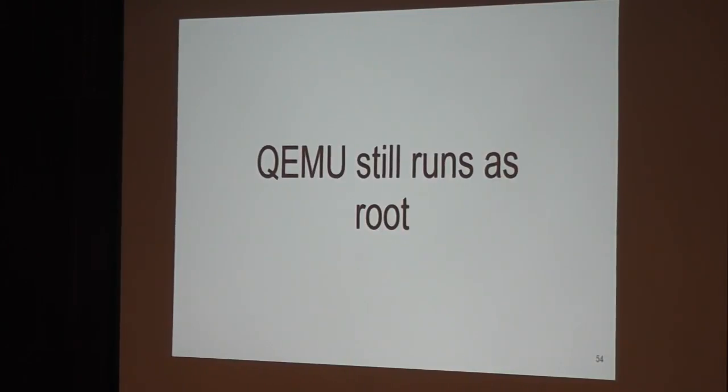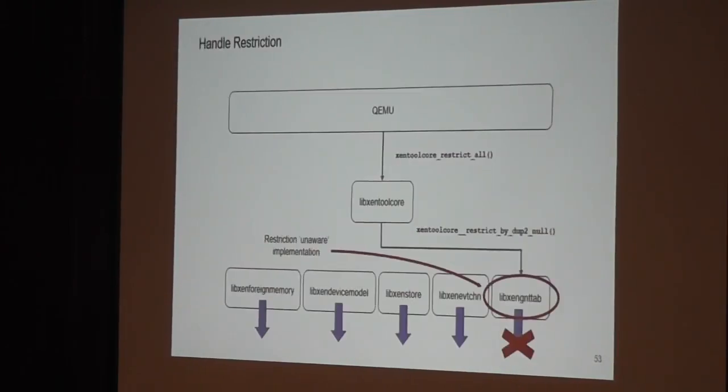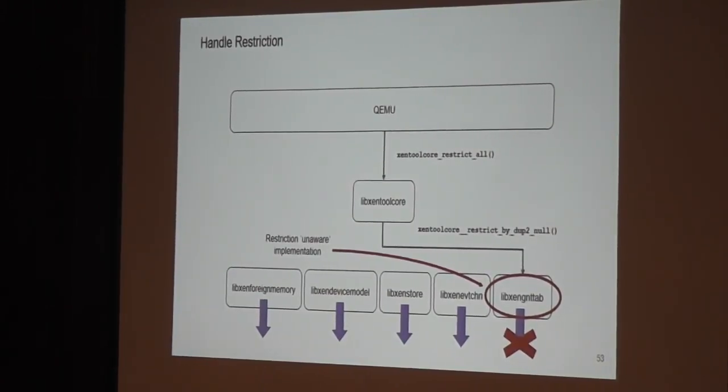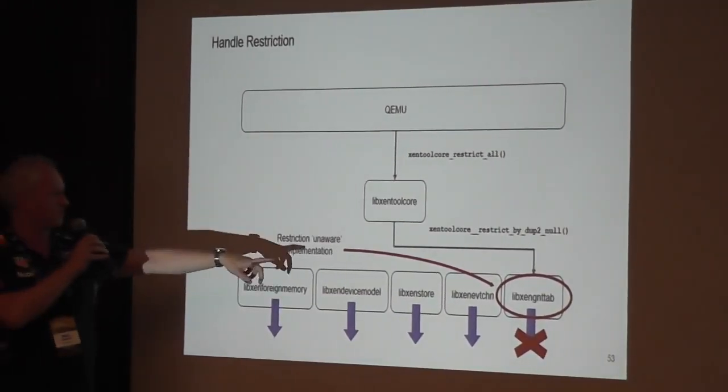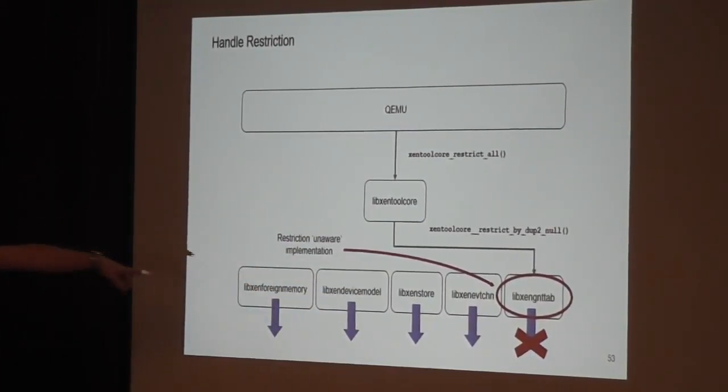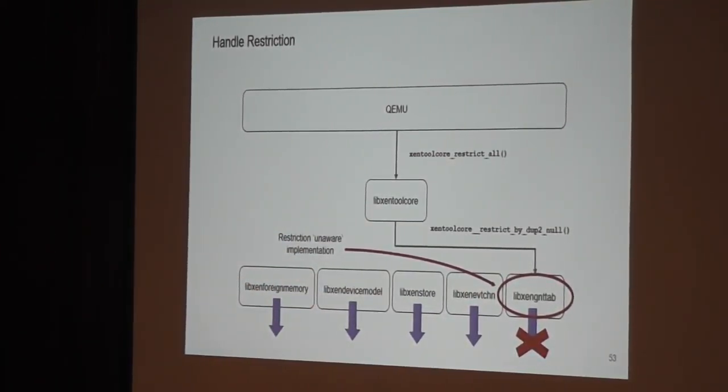But the problem is that QEMU still runs as root. Well, actually, I think I should mention also that when the toolcore restrict operation runs on libxendevicemodel, it also issues a restrict.